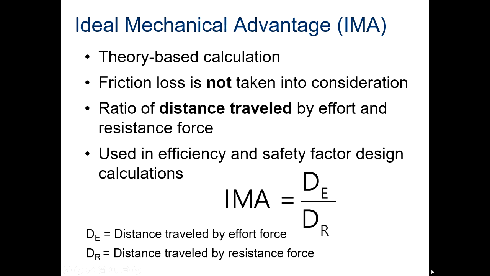All right, so the first thing we want to look at is the ideal mechanical advantage. This is if there was no friction from movement or anything. This is just the purely theoretical value. And if we look at it, the ideal mechanical advantage is just the distance traveled by the effort divided by the distance traveled by the resistance force.